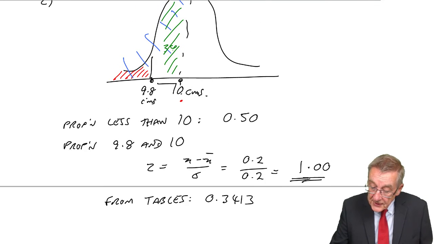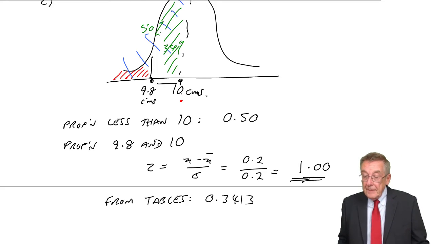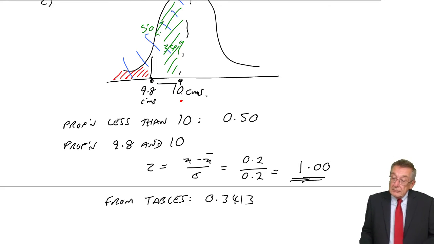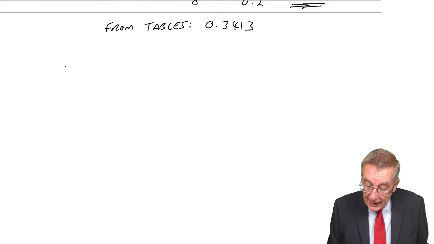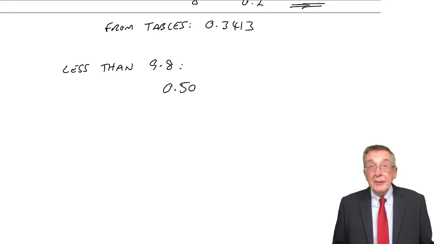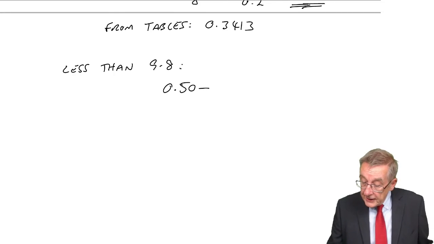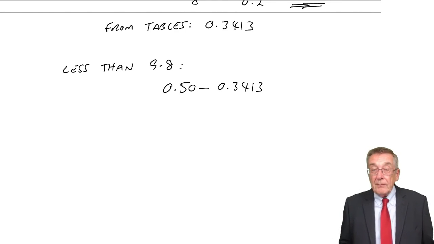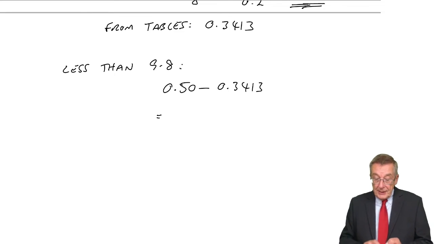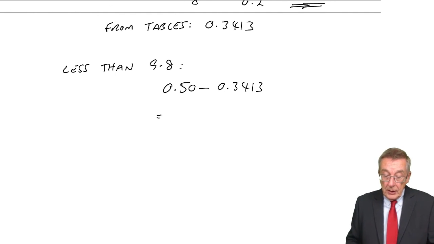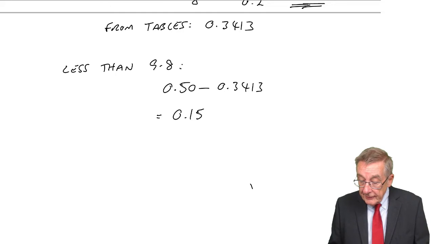Well, if this is 34% and the total is 50, surely what I want, less than 9.8, is the difference. So less than 9.8: 0.5 was less than 10, minus 0.3413, between 9.8 and 10, the answer is 0.1587.